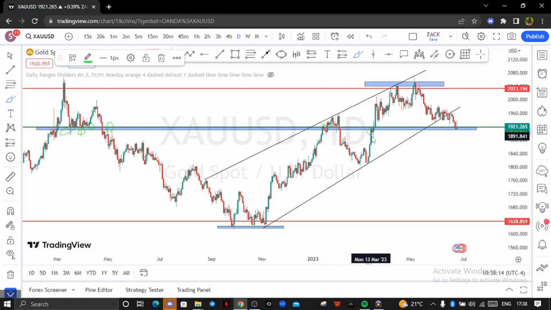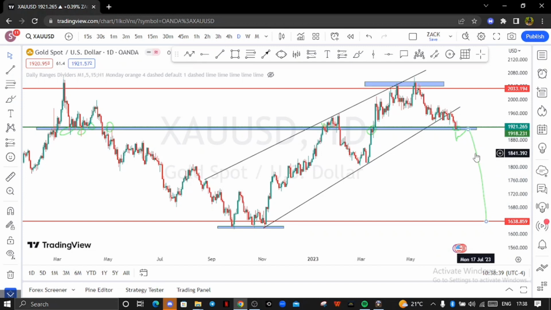At this point, you see some sort of reaction, and then we're still at this point, guys. That's why I was saying I want to see if my sales will be confirmed. I first want to see the market break out of this particular point. I want to see some type of pattern coming to this level, and then I'll look for sales, targeting all the way to the downside.